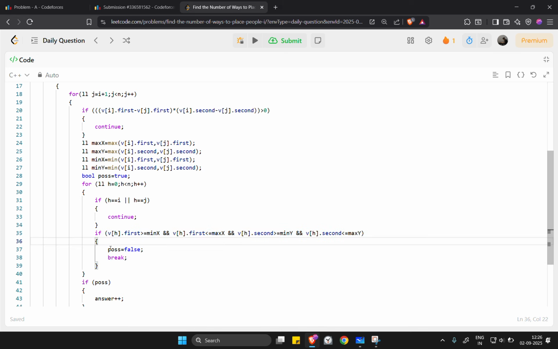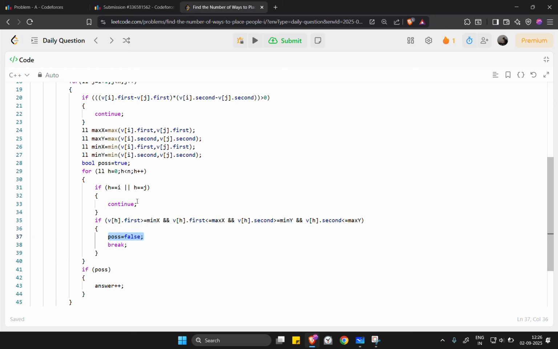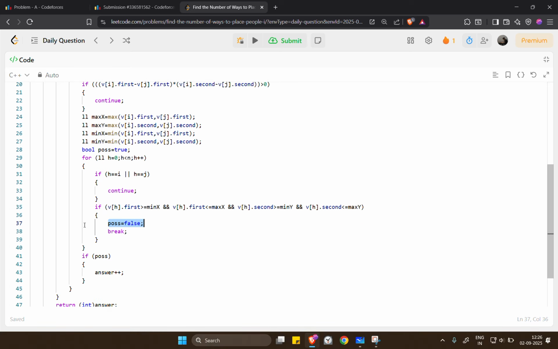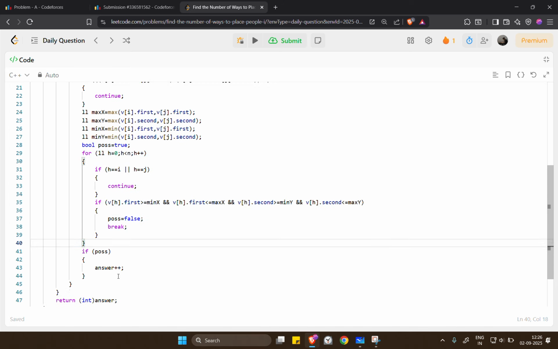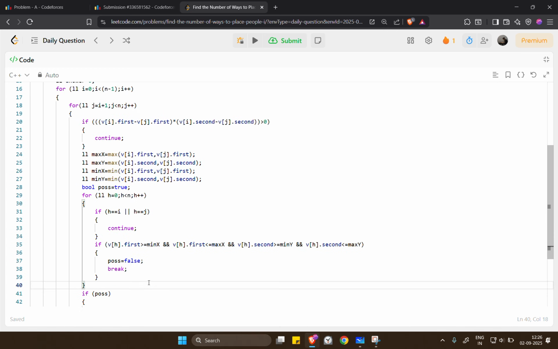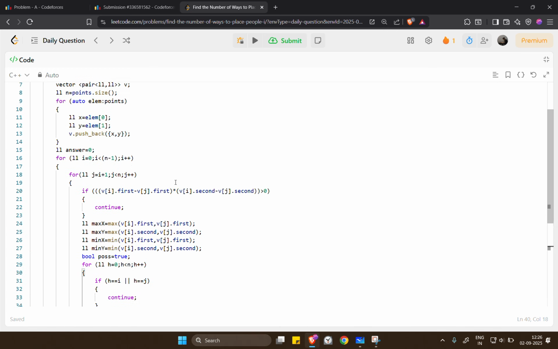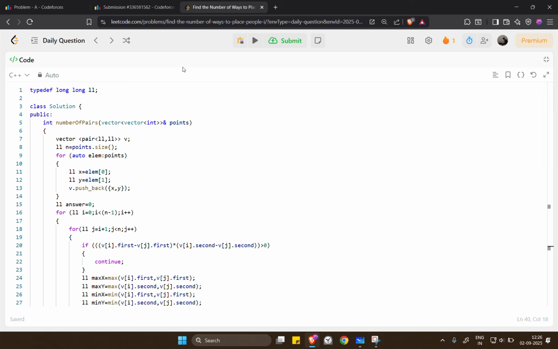If it does, then the possibility of i comma j satisfying the condition is false. And if after all these checks the possibility is true, we just increment our answer, and finally we return our answer. So that is basically the point and the trick here.